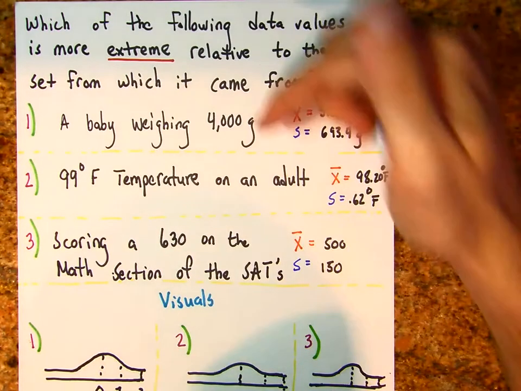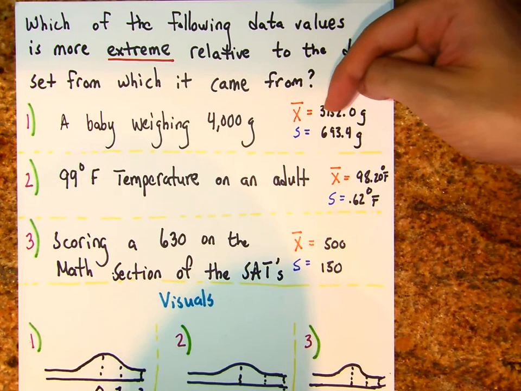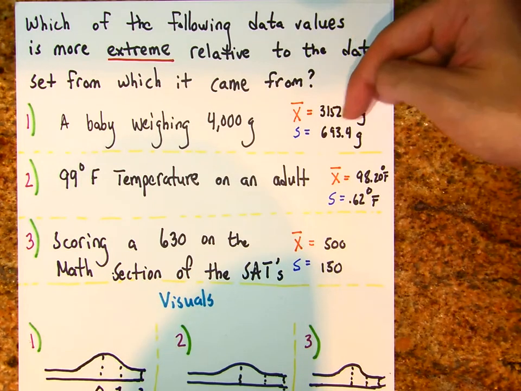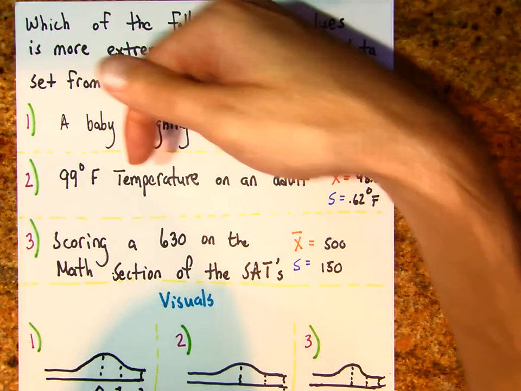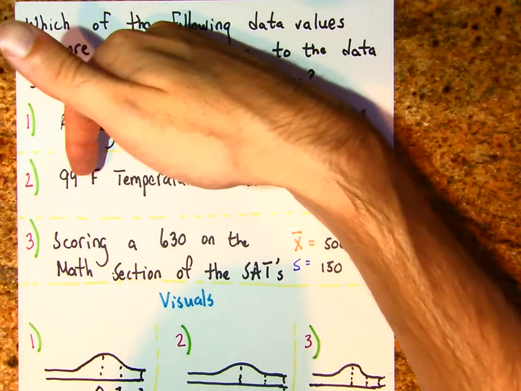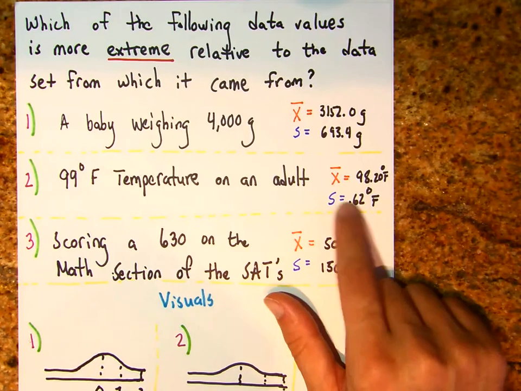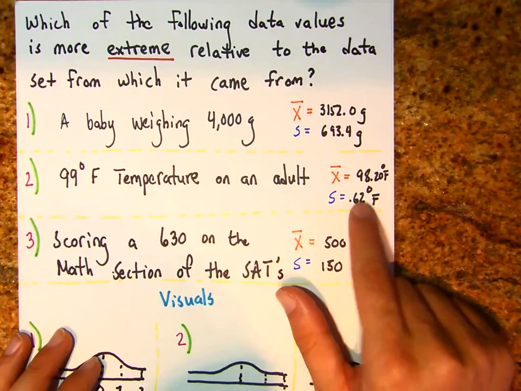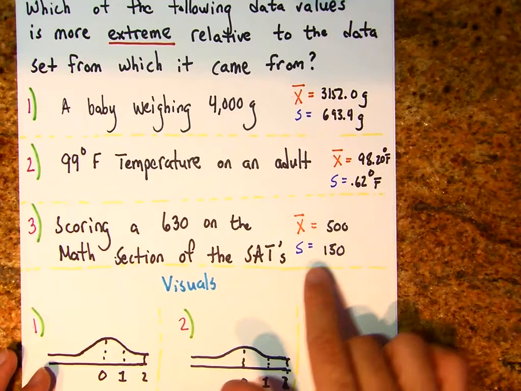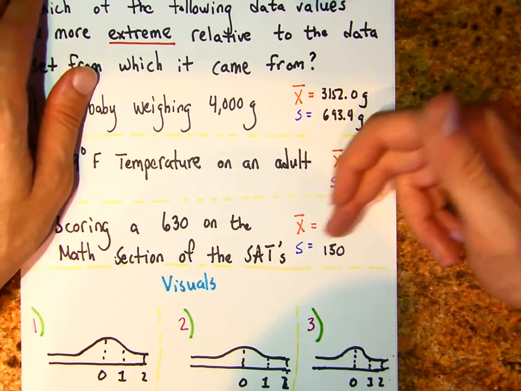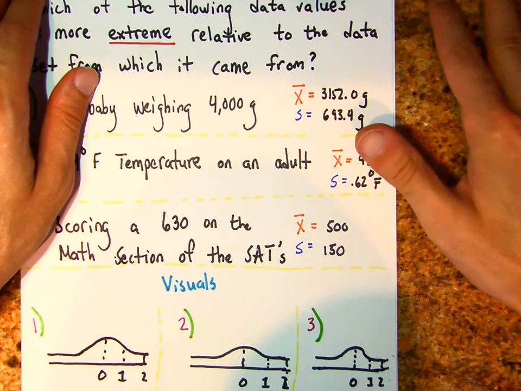A baby weighing 4,000 grams, where the mean is 3,152 grams and the standard deviation is 693.4 grams, or an adult having a temperature of 99 degrees, where the mean is 98.20 degrees Fahrenheit and the standard deviation is 0.62 degrees Fahrenheit, or a student scoring 630 on the math section of the SATs, where the mean is 500 and the standard deviation is 150.